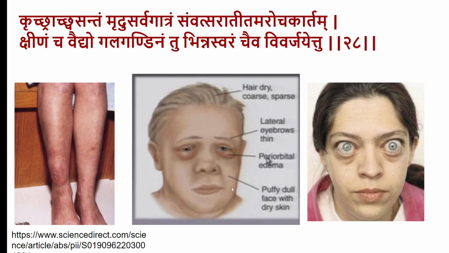The face becomes puffy, so that's Mrudu Sarvagatra. When the patient has Krichchhrashvasam, or breathlessness, and Bhinnaswaram, when there is a huge size and it produces hoarseness of the voice, that's considered asadhya, and so is Samvatsaratitam, when it is for more than a year.